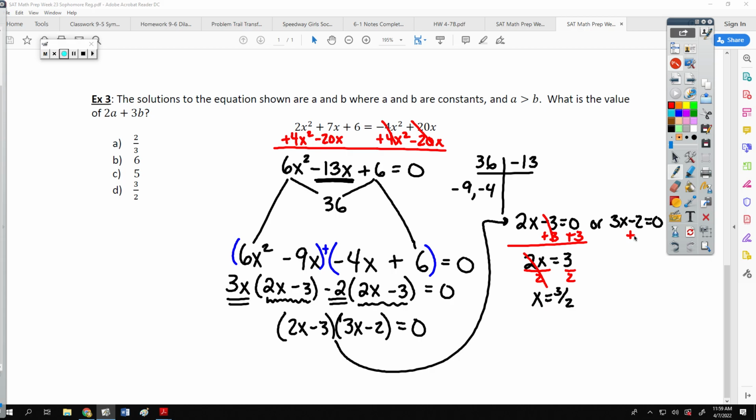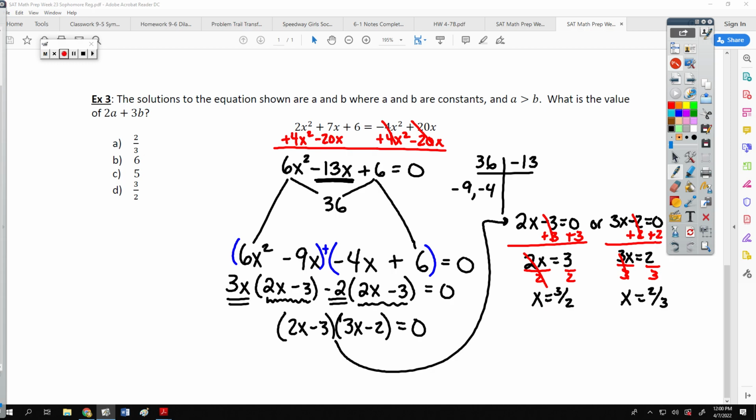Do not change them into decimals. You can get away with the first one, but not the second one, because the second one is not a nice decimal. Well, I mean, it's not really that bad. It's a repeating decimal. So if you were to round that off, you would actually end up messing up the problem. So our two answers are 3/2 and 2/3.